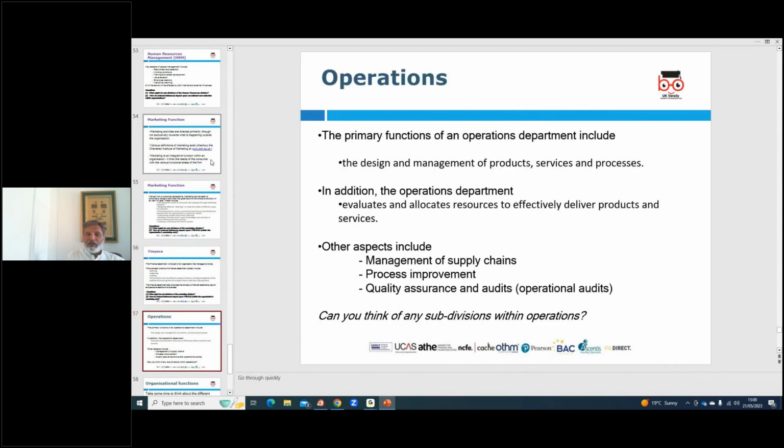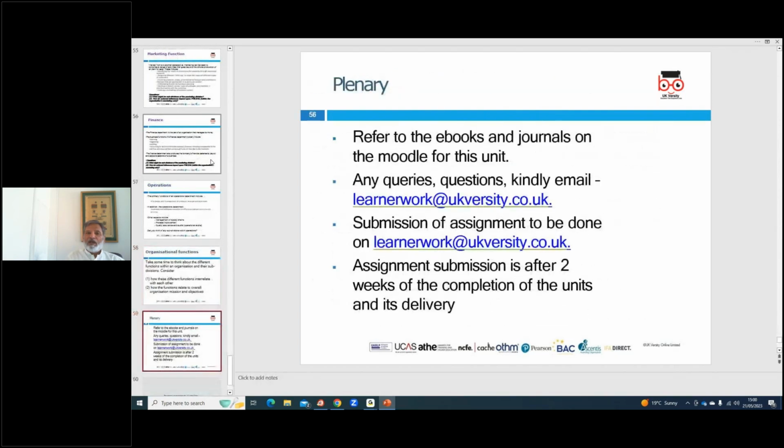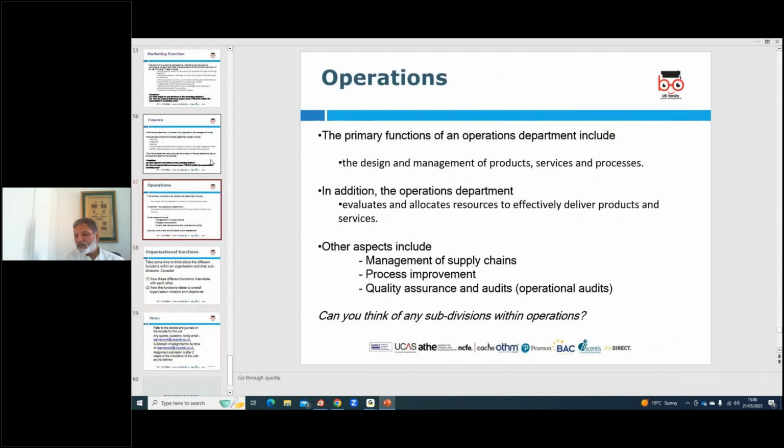Okay, look at the other function, which is the operations function or operations department, which is very important.